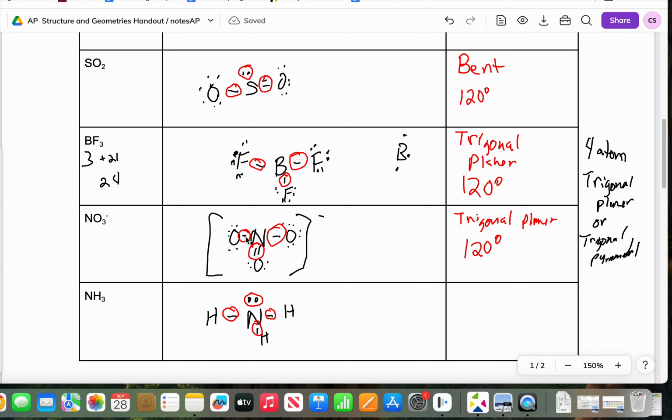You see the difference: these 3 are all 4-atom molecules, but this one has 4 domains and these only have 3. So when you get 4-atom molecules with 4 domains, it's not called trigonal planar anymore. It's called trigonal pyramidal.